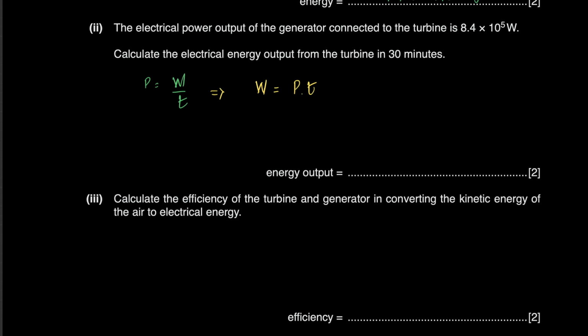Work is equal to the power, 8.4 times 10 to the power 5, times the time, which is 30 minutes. Gotta convert that into seconds. It's 1.5 times 10 to the power 9 joules.